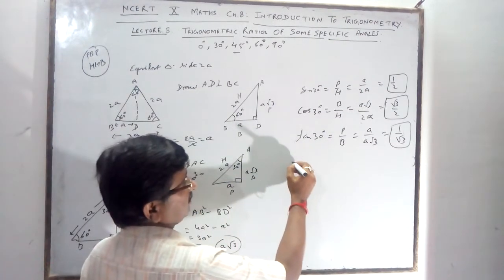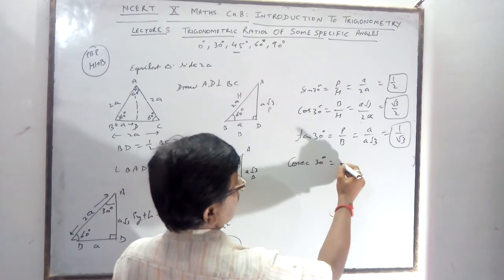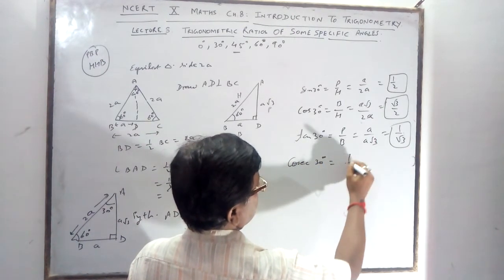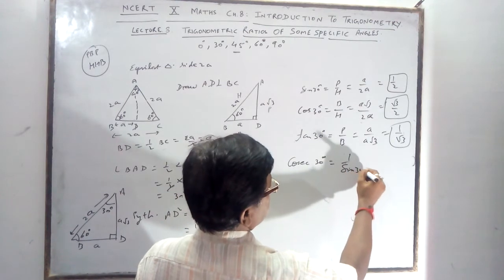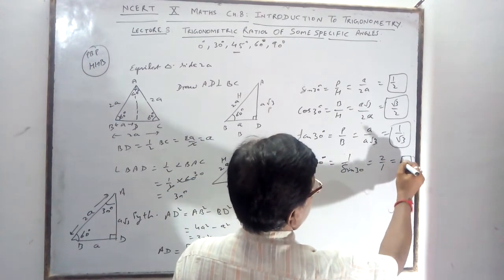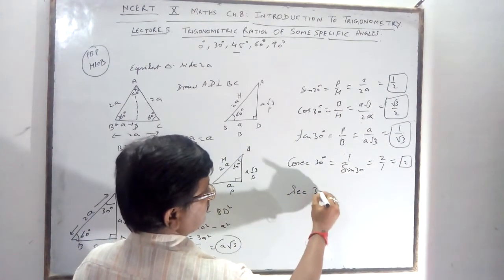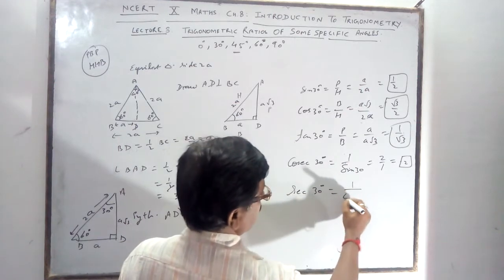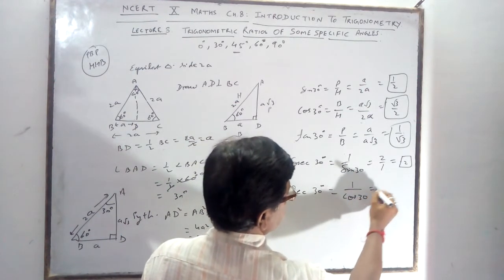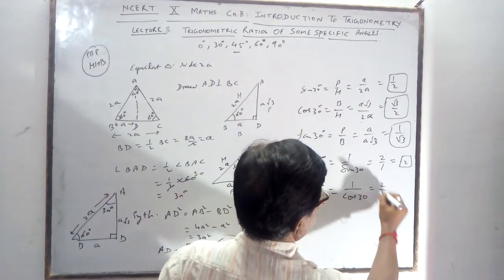Now reciprocals. Cosec 30 degree is equal to 1 upon sin 30. What is sin 30? 1 by 2, so 2 by 1 gives you 2. Sec 30 is 1 upon cos 30; cos 30 is root 3 by 2, so it is 2 by root 3.